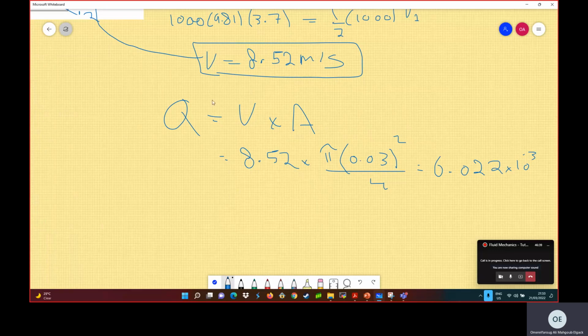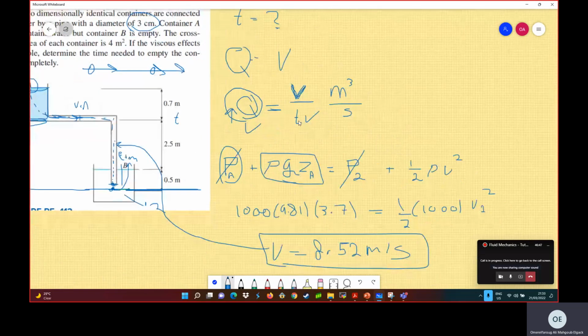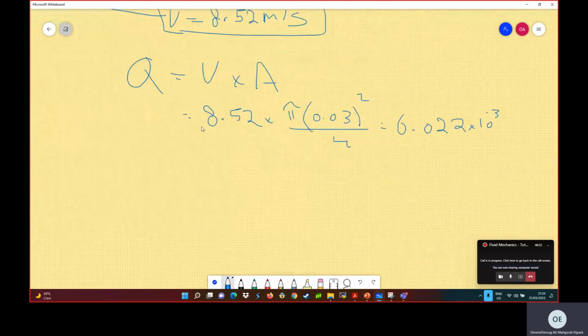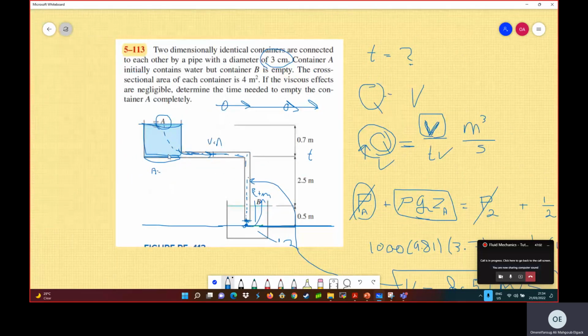Okay. Now you have the volumetric flow rate. Now we need to know the volume of the tank. Now the volume of the tank is equal to the base cross-sectional area multiplied by the height. So the height of the tank is 0.7 and the base area is 4.